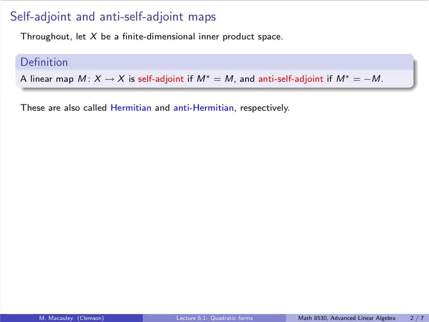Now, I'm assuming that if you're at this lecture, you've watched my previous ones, and so you know about adjoints of linear maps. But if not, let me give a quick review.